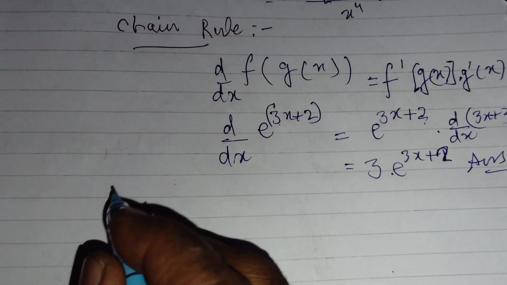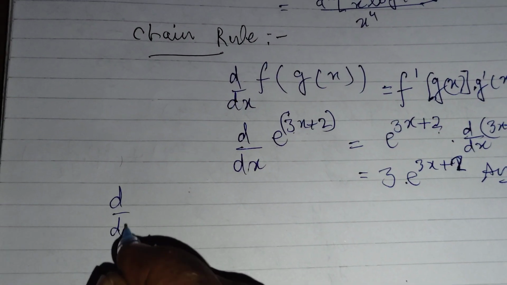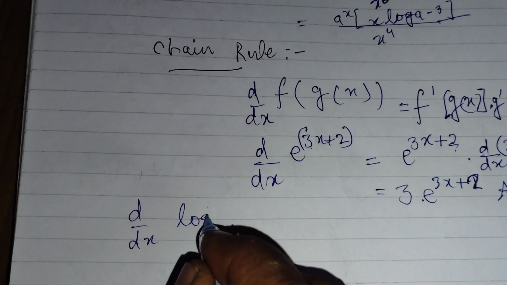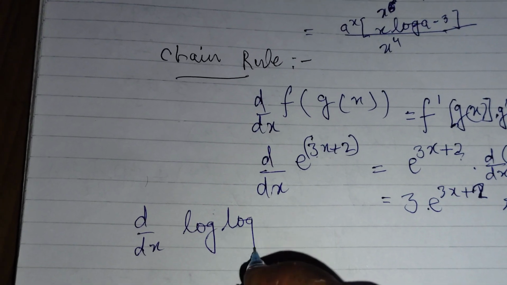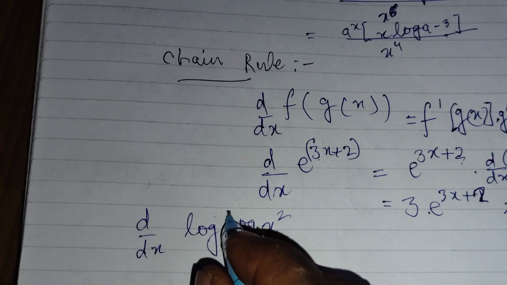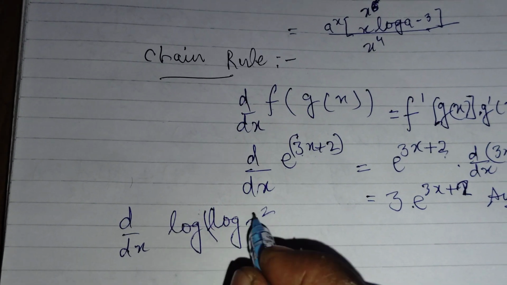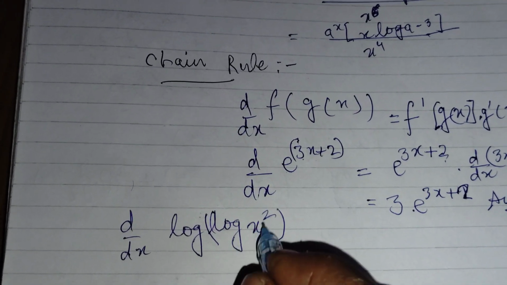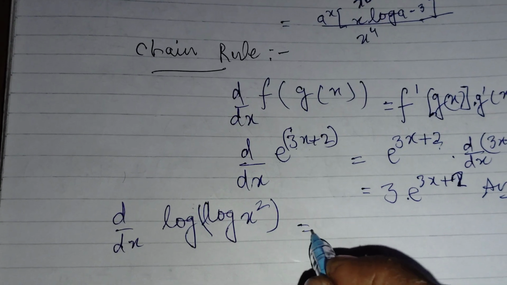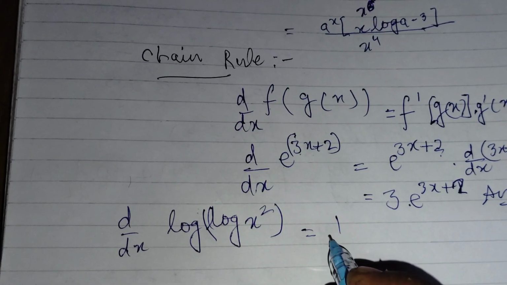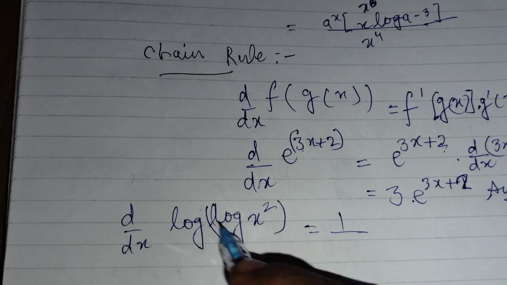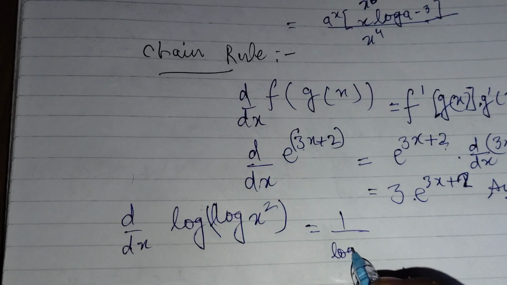We are considering an example: d upon dx of log x square. First we consider this as x, so log x's differentiation is 1 upon x, where x means this whole term, log x square.